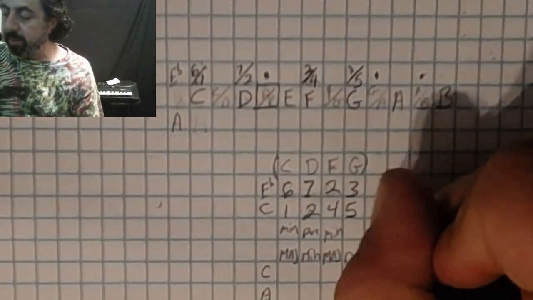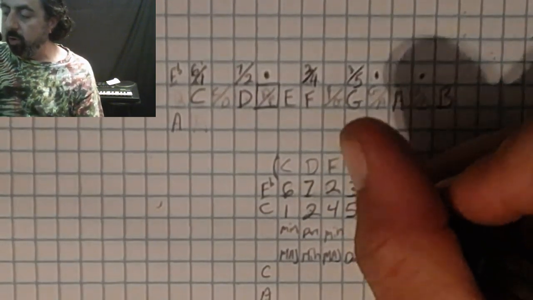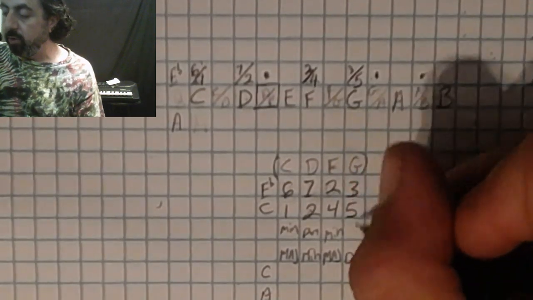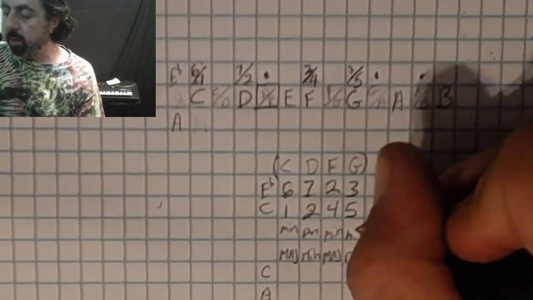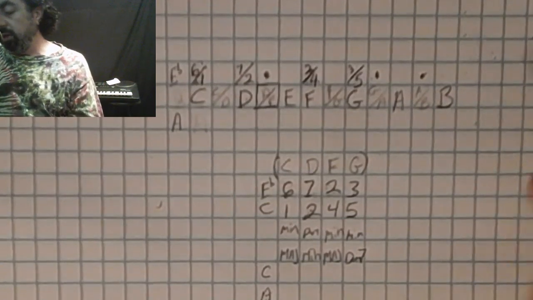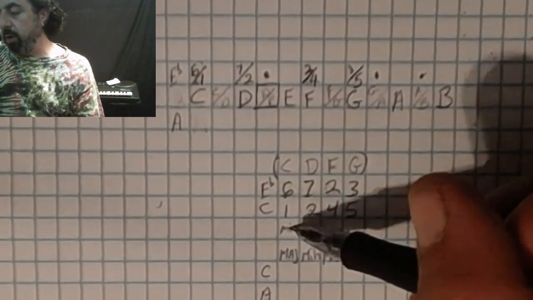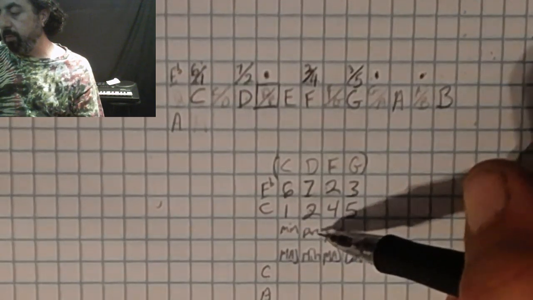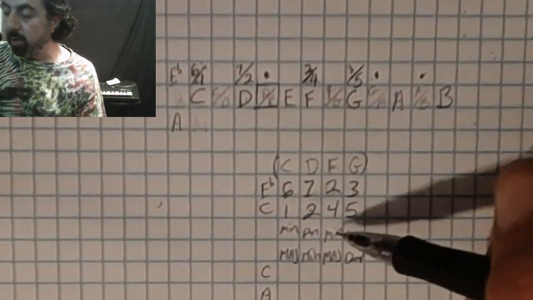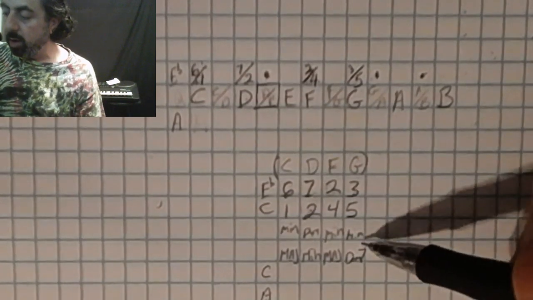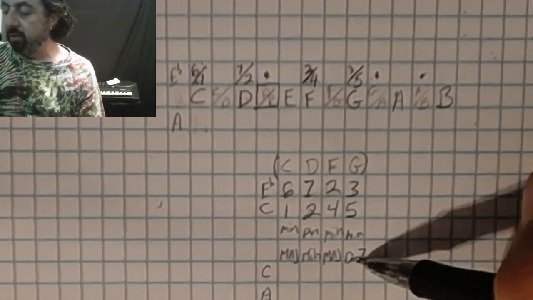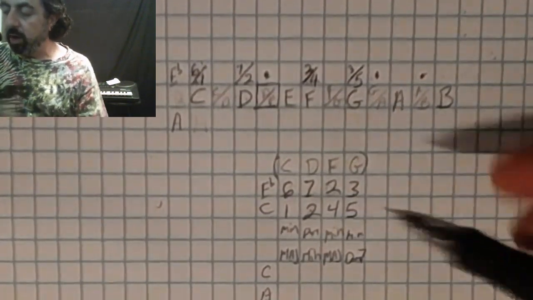So we're going to write dominant 7th here over the 3rd Phrygian minor. Kind of interesting flip-flop there. Minor to major, diminished in minor, minor in major, and then minor in dominant seventh. They all flip-flop there.